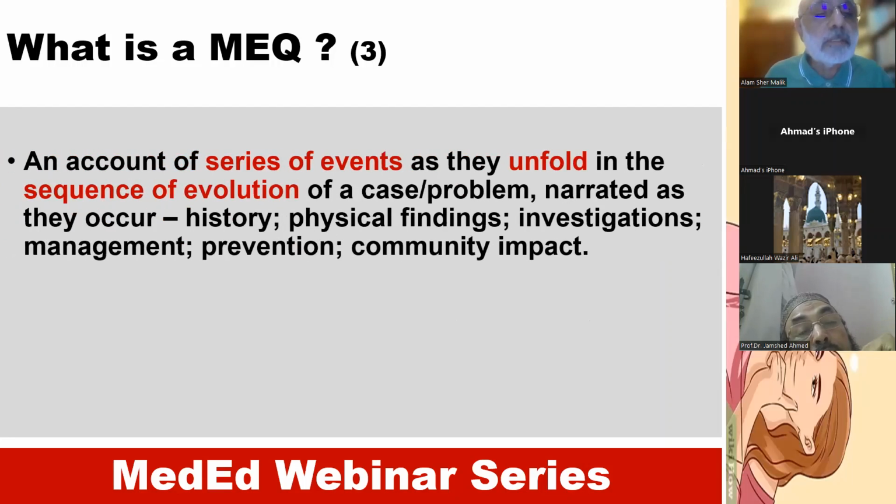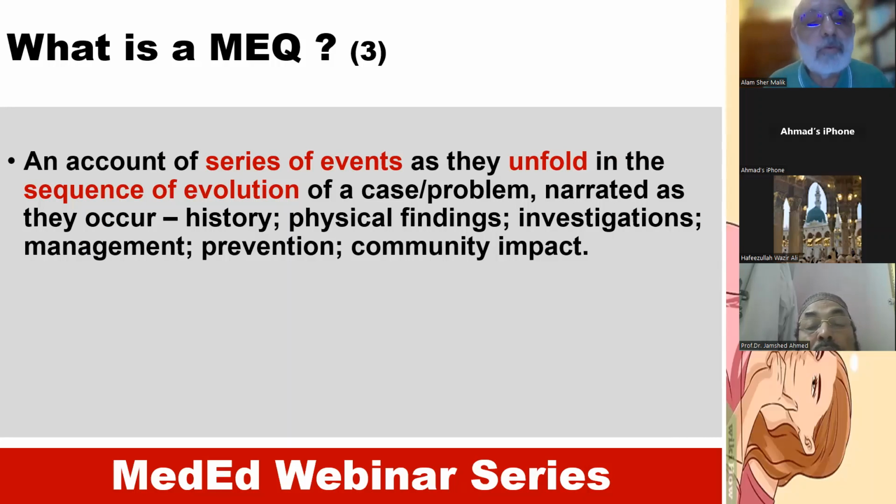Modified essay question is an account of a series of events as they unfold in sequence, the evolution of a case or a problem narrated as they occur. For example, history, physical findings, investigations, management, prevention, community impact. So this really reflects the real life on-ground situation.